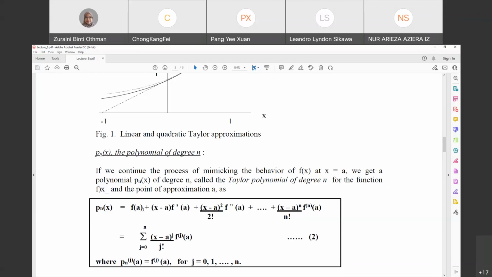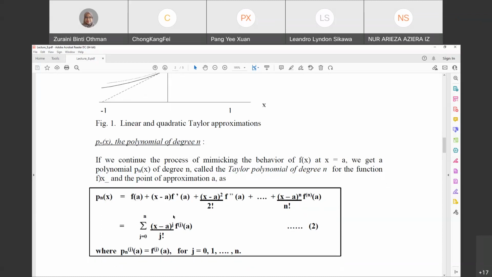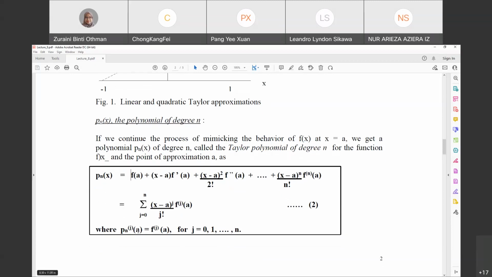Okay, maksudnya kita akan dapat siri yang panjang macam ni, and we can compress it like this. Okay, macam mana nak compresskan dia ni, kita belajar dekat dalam discrete math yang macam induktif tu, kat situ kita dapat satu equation. Okay, where Pn(x) is the sum of f^(j)(a) over j!, times (x-a)^j, for j is equal to 0, 1 until n.